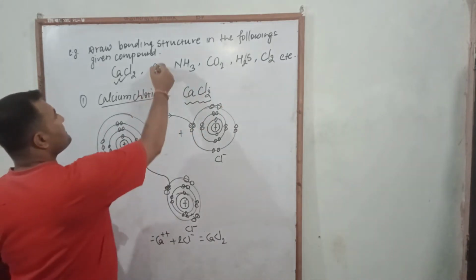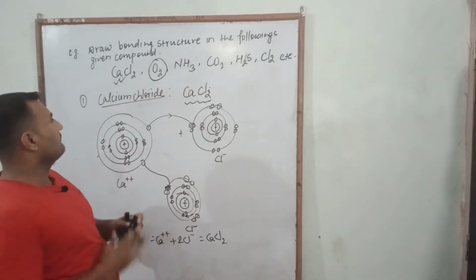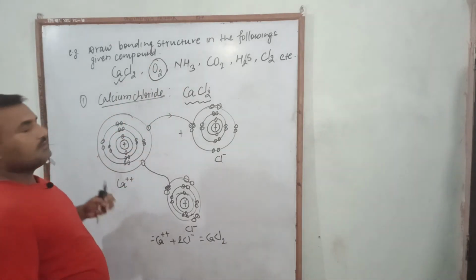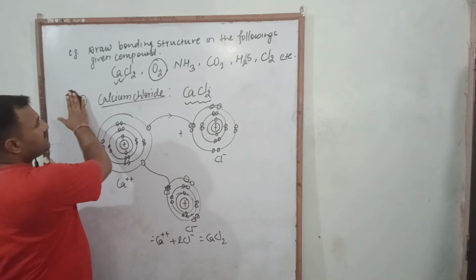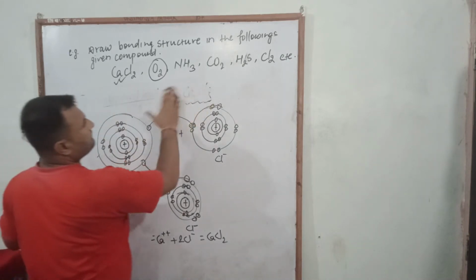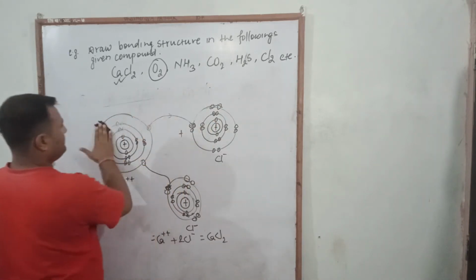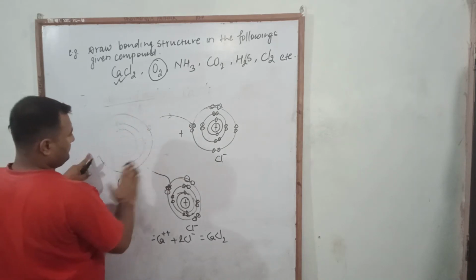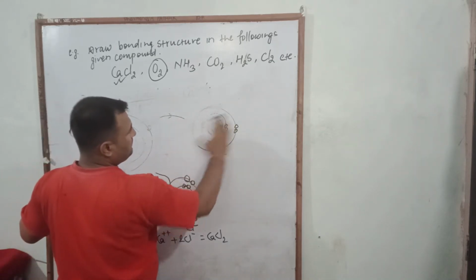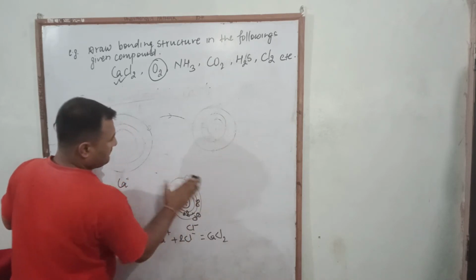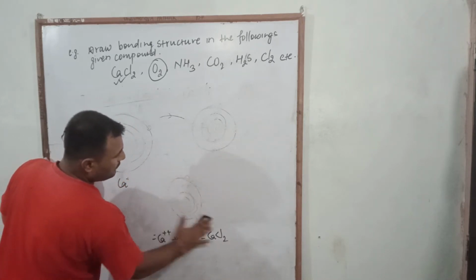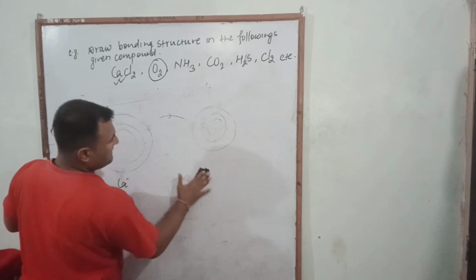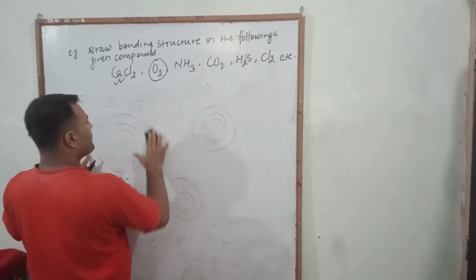After that, next is oxygen. Now we draw the bonding structure of oxygen. In the oxygen molecule, 2 oxygen atoms are present, and it is a diatomic molecule.